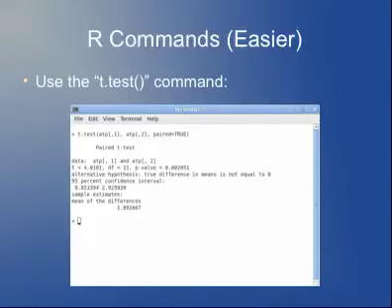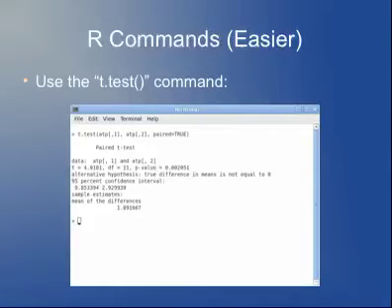Say t.test, I want to compare the mean of this vector, i.e. the pre-treatment ATP levels, to the mean of the second vector, i.e. the post-treatment ATP levels, and then I add this parameter paired equals true, which tells R that I want a paired t-test. If you don't specify that it's paired, it will give you an unpaired test that I'll describe in a minute.